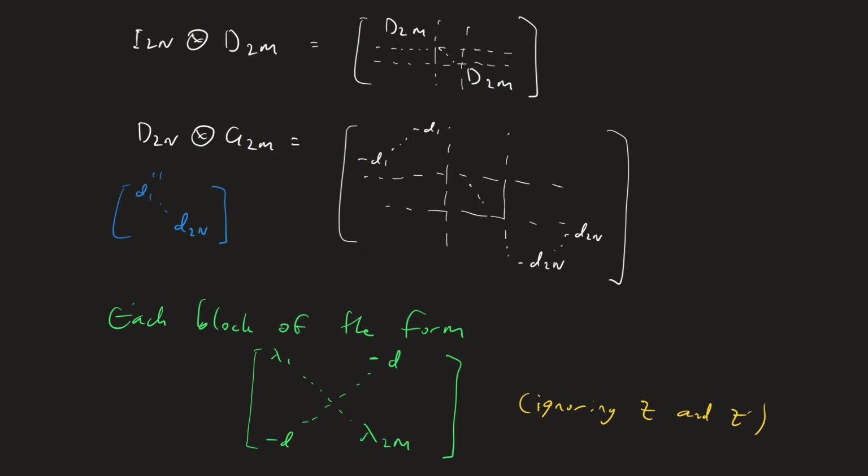If we look at each individual block, the D_{2M}s give us a bunch of diagonal elements, and the second term gives us an antidiagonal structure with a constant number along the antidiagonal. So if we can figure out the determinant of each individual block, then the determinant of the whole expression is just the product of all these blocks.